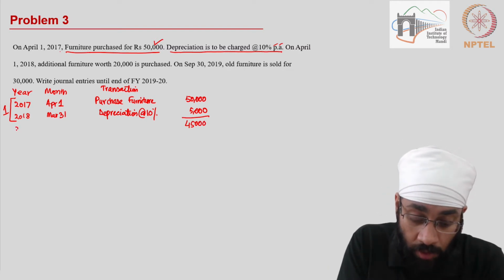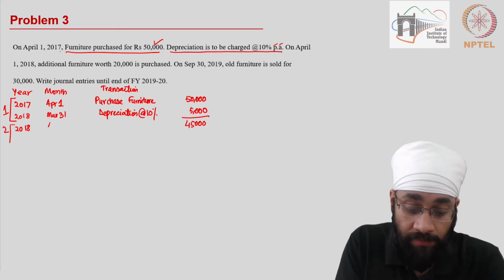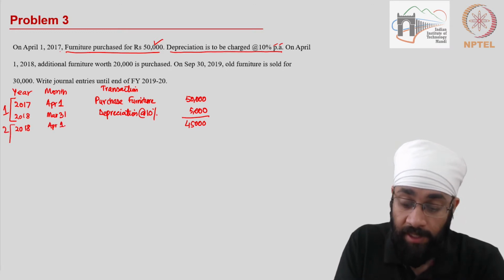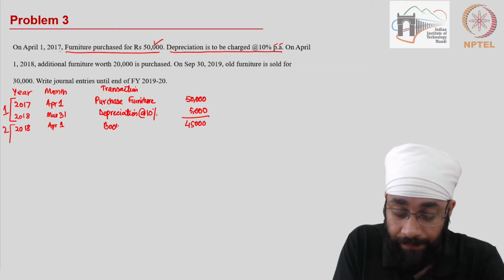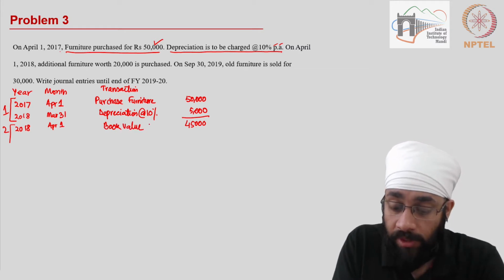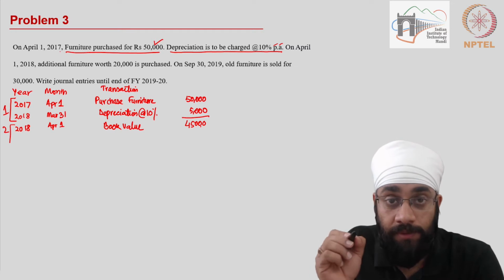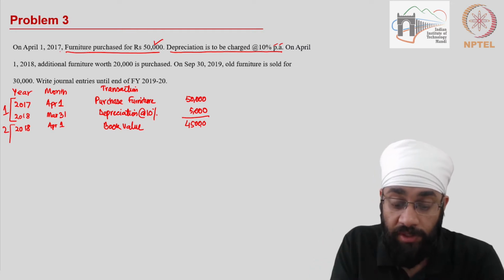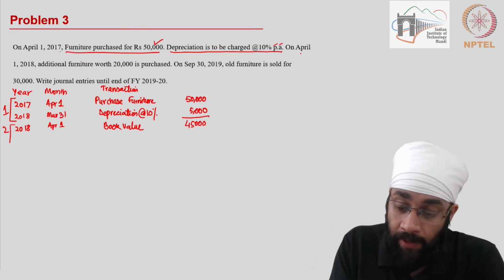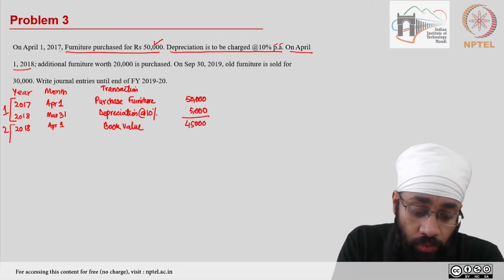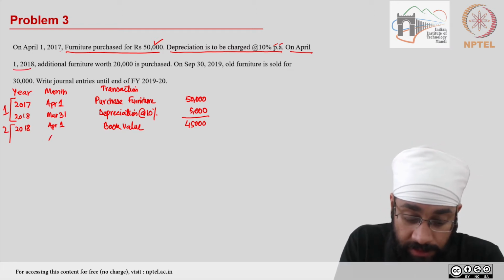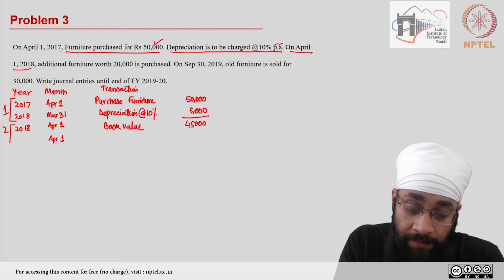So in the next year, when year 2 begins, which is April 1st, the book value is going to be 45,000 of the furniture that you have. On April 1st, 2018, there is another transaction which is happening here.